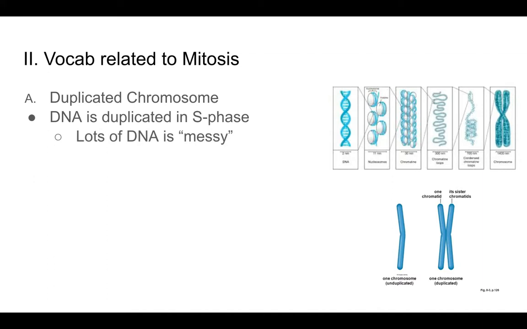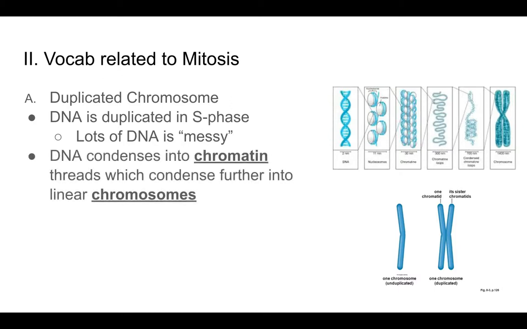That means that we end up with a whole lot of DNA, and it's kind of messy. There's a bunch of it, it's all tangled up. Think of a big giant mess of clothes in your room, just all piled all over the floor. The better and more efficient way to deal with this DNA is to organize it. And so organizing DNA happens by tidying it up, compacting it.